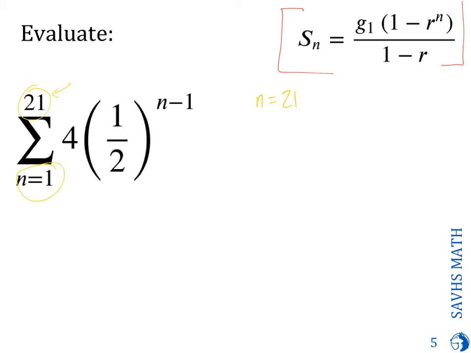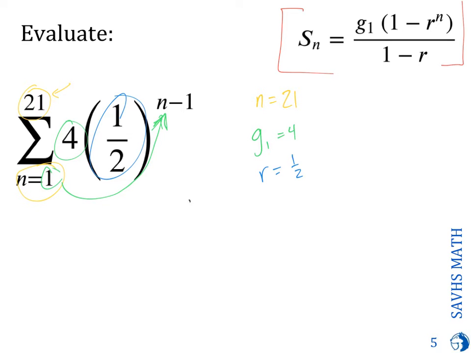What's my first term? My first term shows up in the formula. That's the 4 right here. So my G1 is 4. If you don't believe me, you can take your lower bound, which is 1, put it in for n and simplify that out and make sure that that works. It should. Your r is given to you also in this formula, so I know that r is 1/2. Now I just have to do a little bit of simplifying once I write everything out.